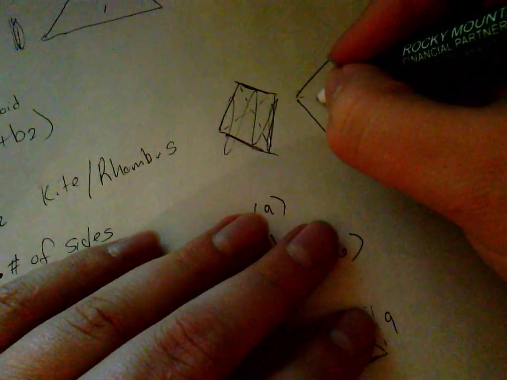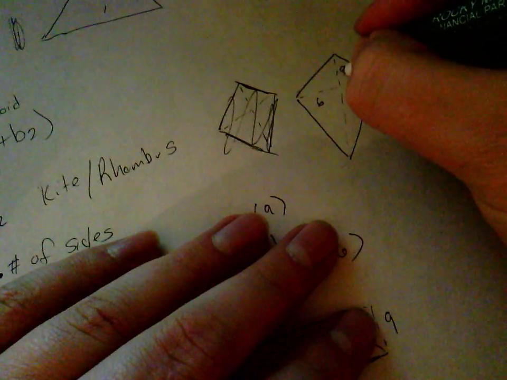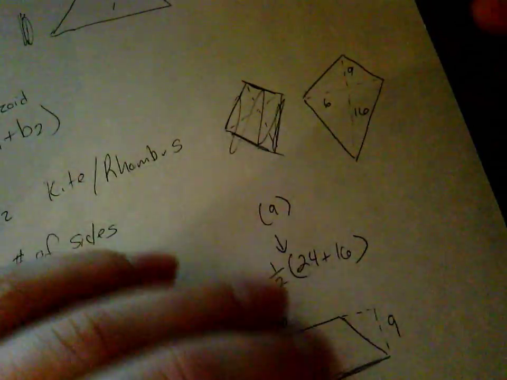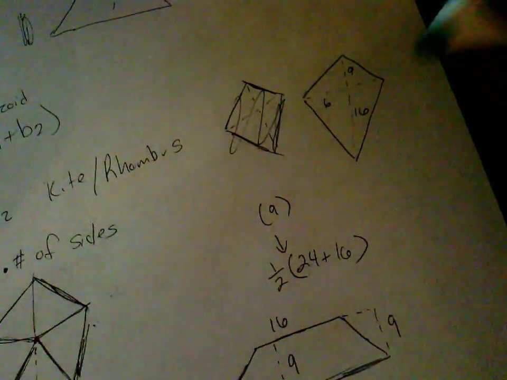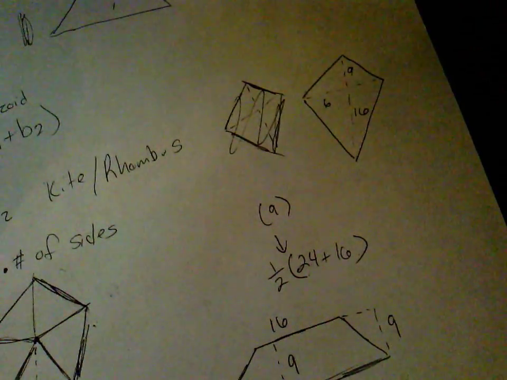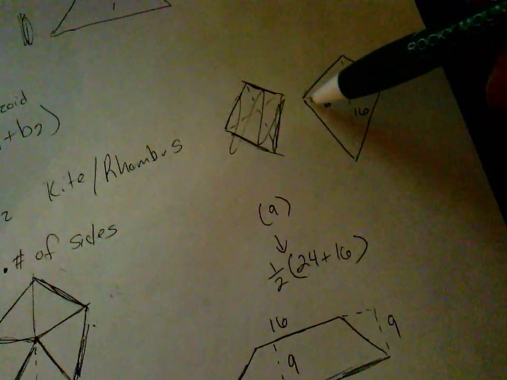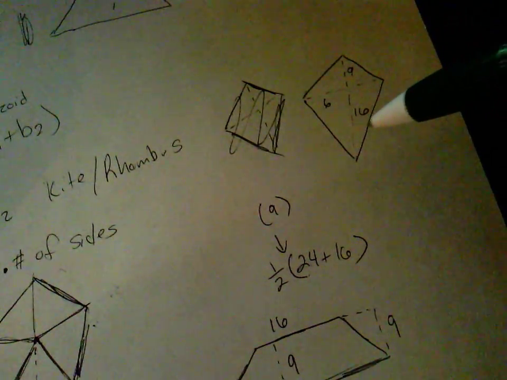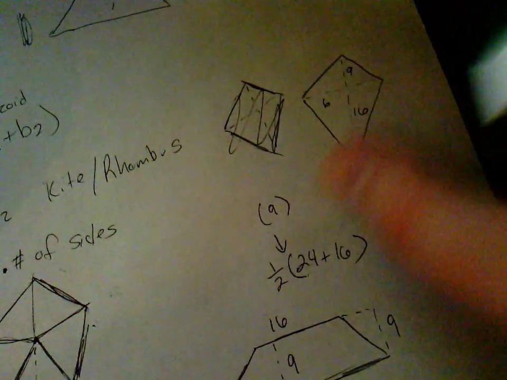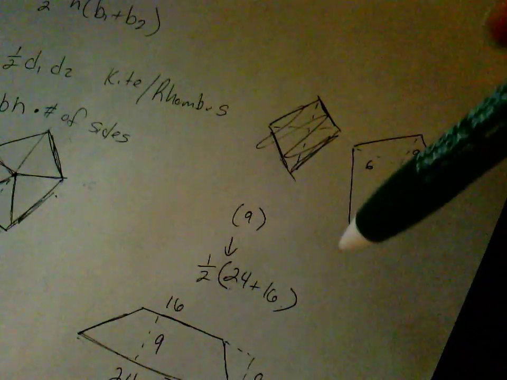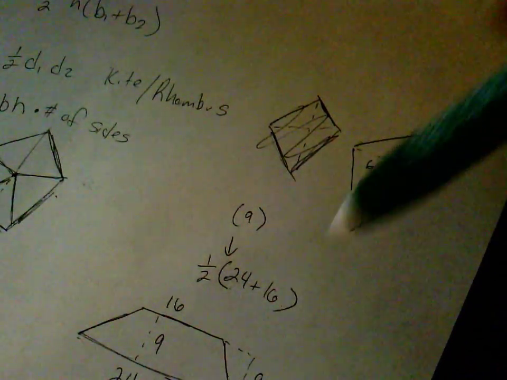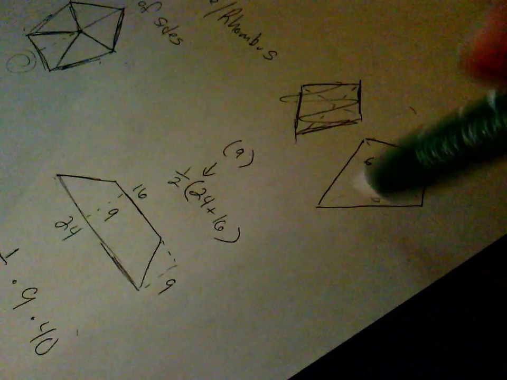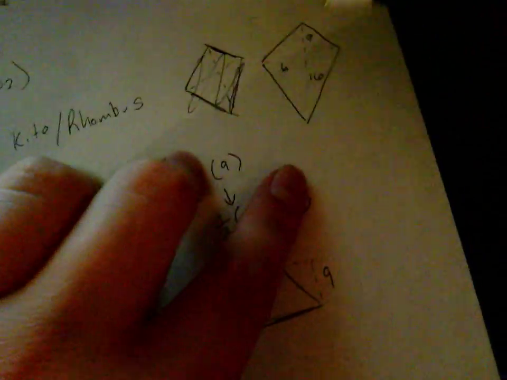Okay, so let's call this 6, let's call this 9, let's call this 16. Alright, so when we're talking about diagonals, I mean this little dotted part and this little dotted part. You might be thinking, oh, those don't look like diagonals. Diagonals are kind of crooked. Trust me, they're diagonals. If I put this to the side, they just become diagonals that way, but this is what it means by diagonals.